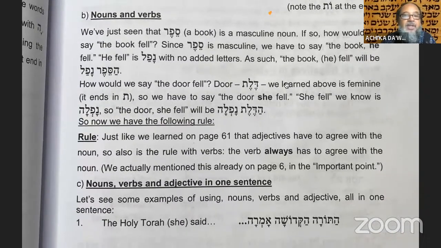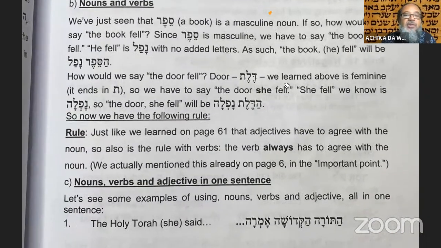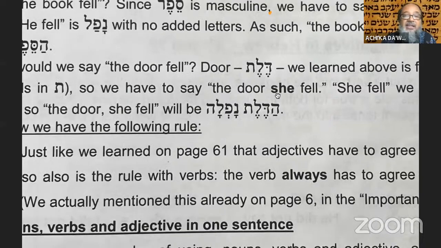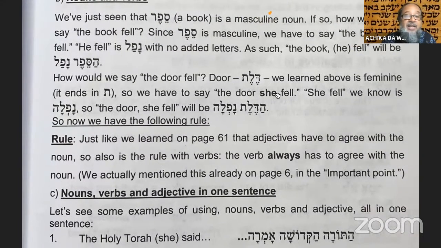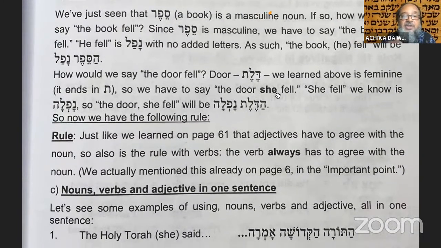So how would you say the door fell? Because the door is deleth, and we learned above that it's feminine, right? Because it ends in a tav. So how would you say she fell? Nafala.